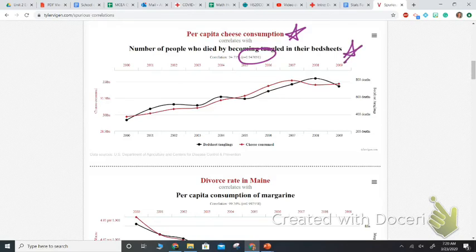Or they might be able to say something like that as the divorce rate in Maine increases, their consumption of margarine decreases. So these are things that appear to be related, but if you think about them for even a short amount of time, you know that they're not related. So these are examples of things called spurious, which again just means kind of like by coincidence.